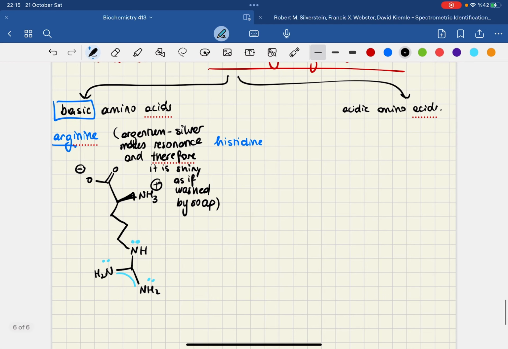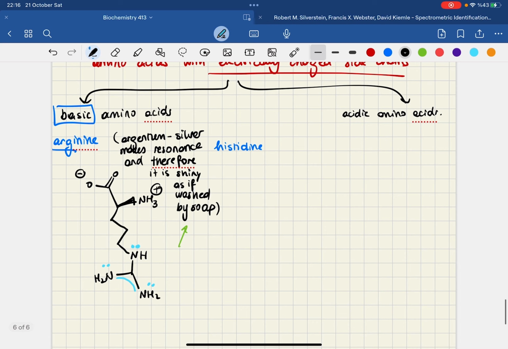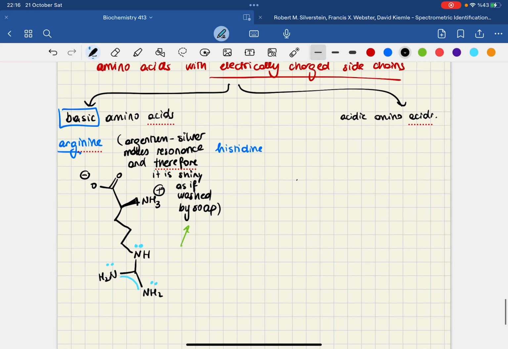This will be our small memorizing helper. And histidine is like the other amino acids. However, it has a special R group, and I will draw you its R group over here.